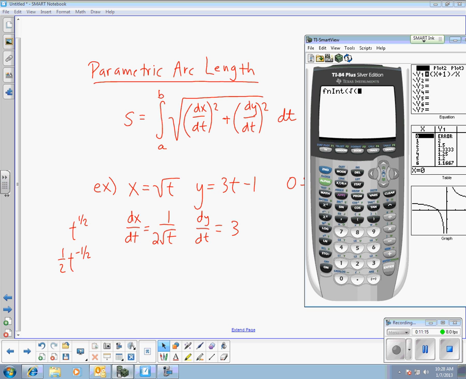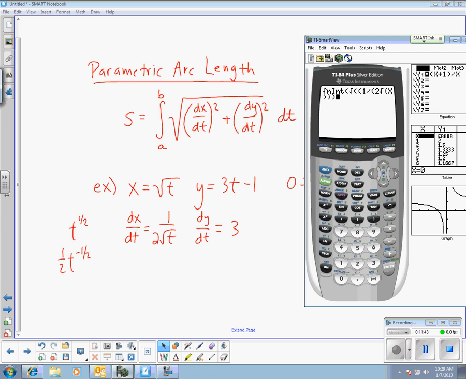Okay, so my first thing is going to be my x derivative, which is 1 over 2 square root of x. Now that closes the little square root, because remember, if you're dividing, you need to divide by everything, otherwise it multiplies and you're going to get the wrong answer. So 1 divided by 2 square root of x, that closes the square root, that closes the denominator, and that closes the whole fraction.